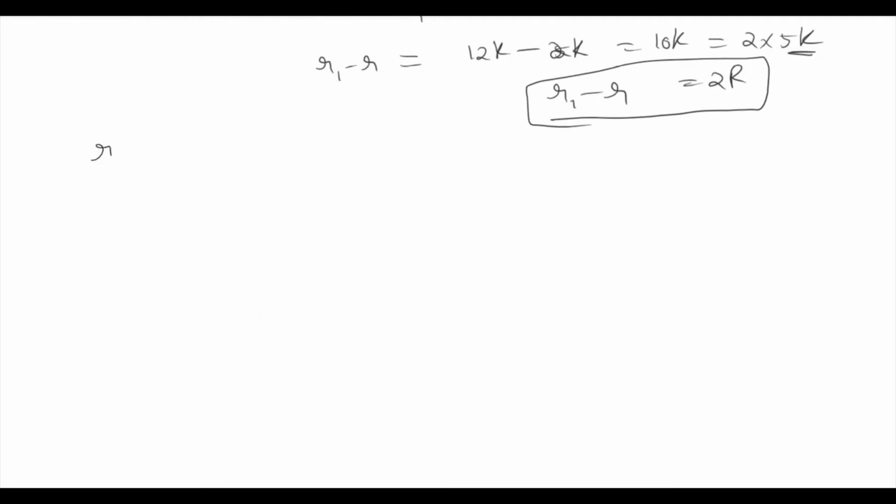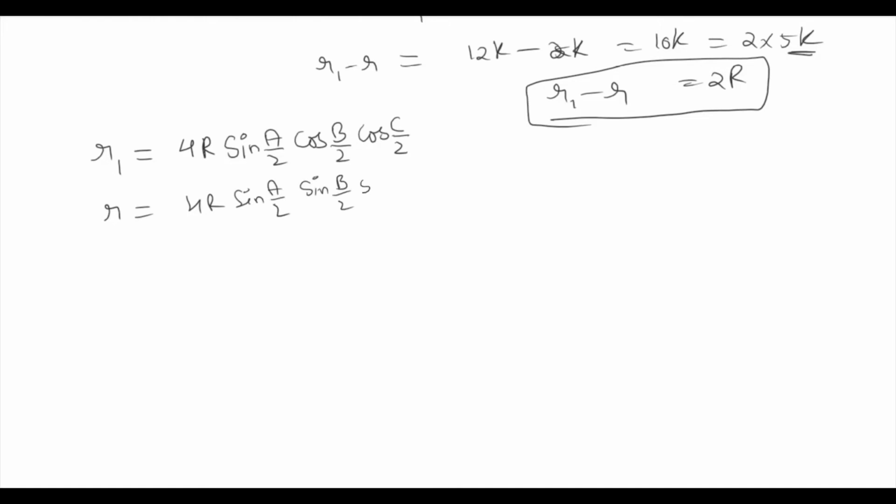We know that R1 equals 4R sin A/2 into cos B/2 cos C/2, and r equals 4R sin A/2 sin B/2 and sin C/2.